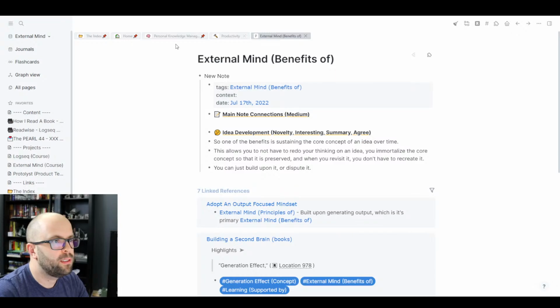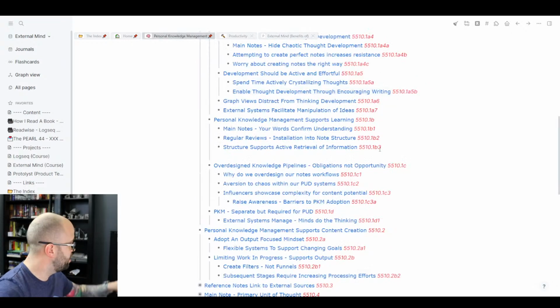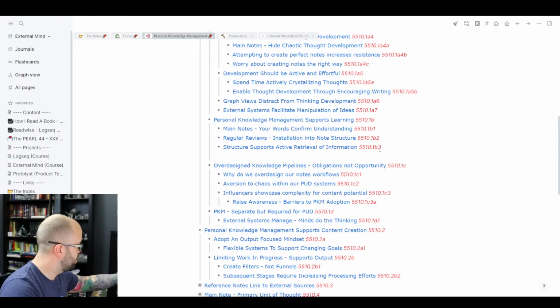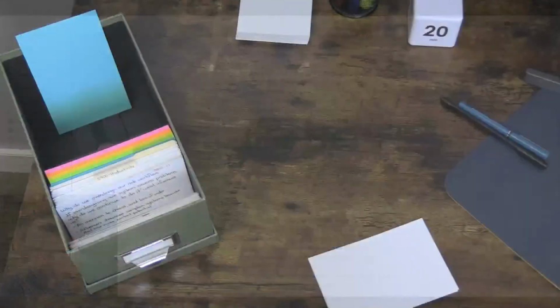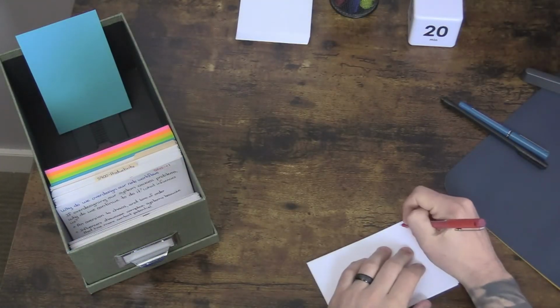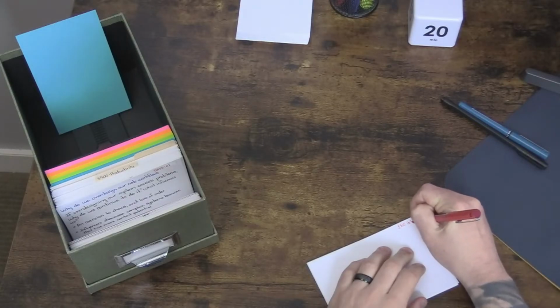So we decided that it's going to go 1B3. I got that. So it is going to be 1B4. 5, 5, 10, 1B4.